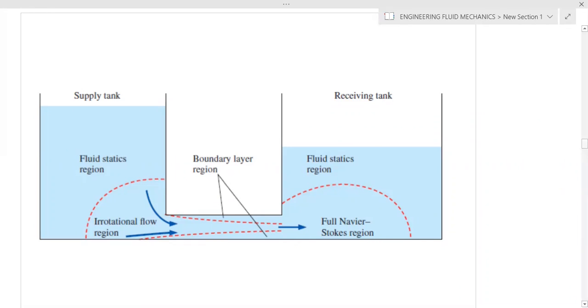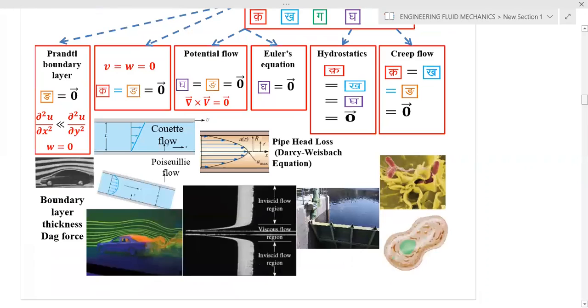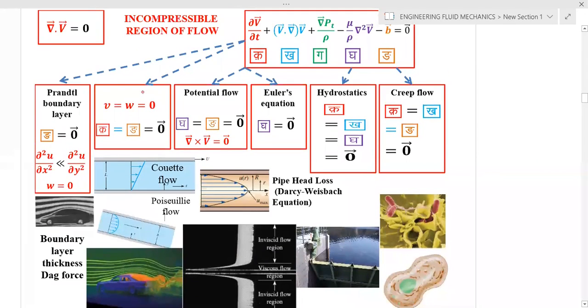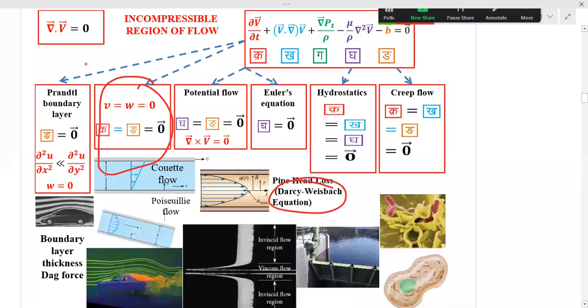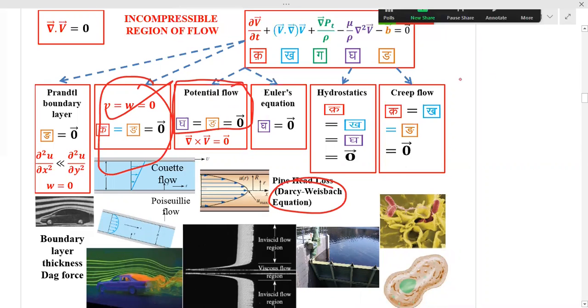So now I'm coming one by one to each of them. So we have already done this Couette flow, Poiseuille flow, Darcy-Weisbach equation. So I am now coming to another kind of approximation that is called the potential flow.